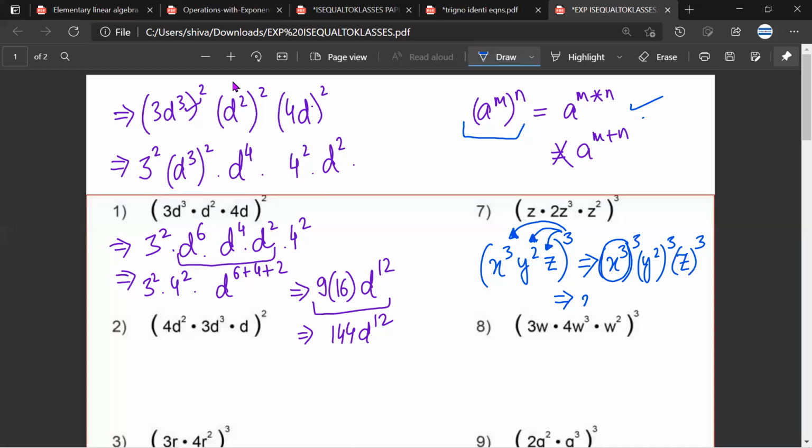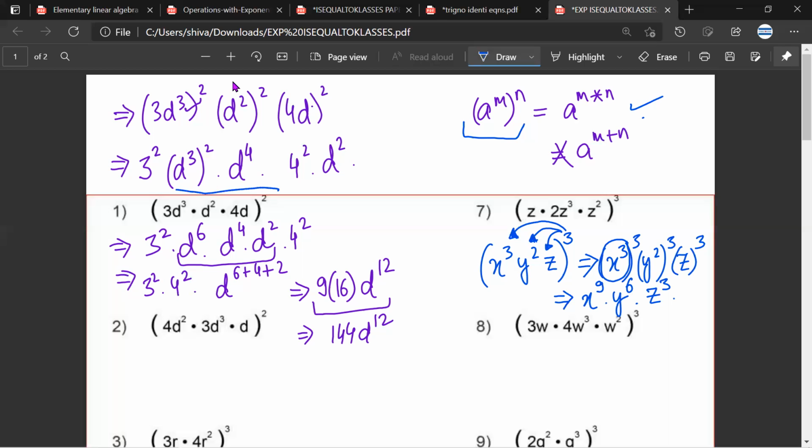So this will be equal to x raised to power, Mr. Sarthak, 9. Shabash. y raised to power 6. Shabash. z raised to power 3.